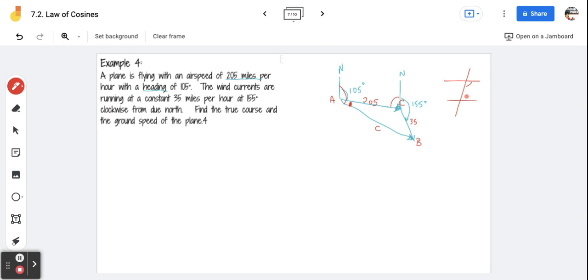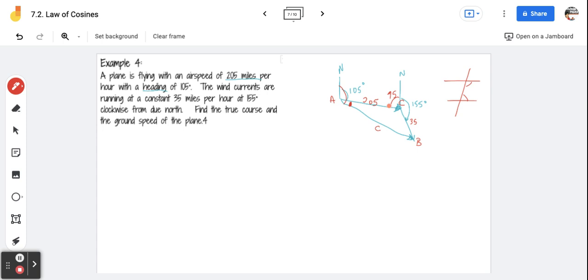These are called same side interior angles, or in some texts consecutive interior angles. The bottom line is they are always supplementary. They add up to 180. That's just something from geometry you have to remember. So this is 105, and this angle has to be 75 because 75 and 105 is 180.